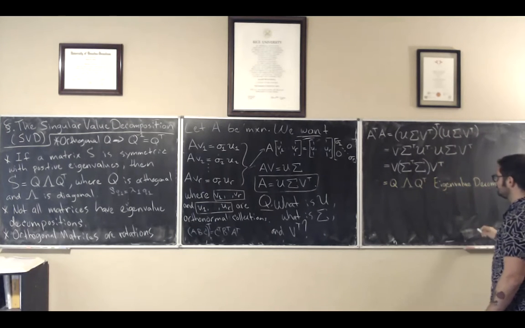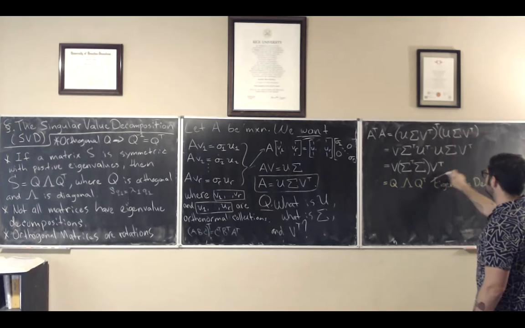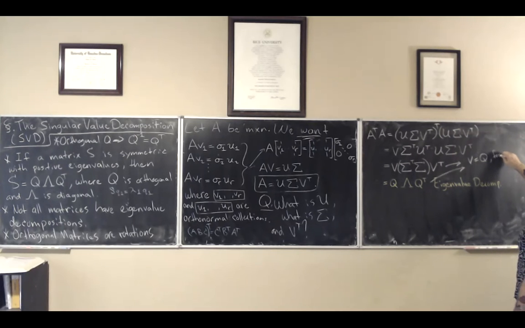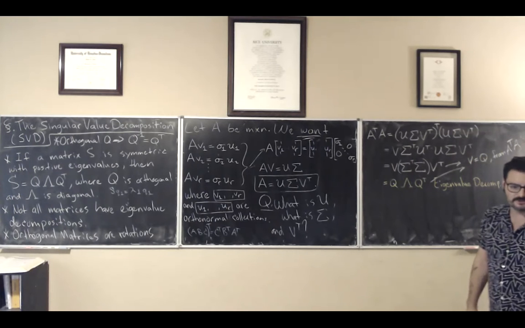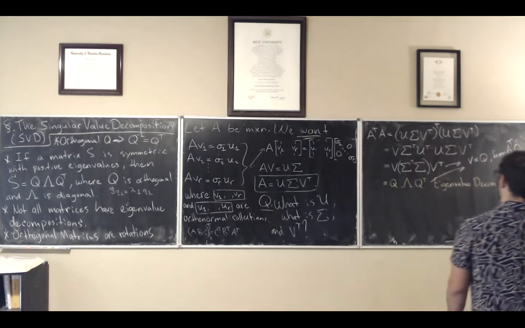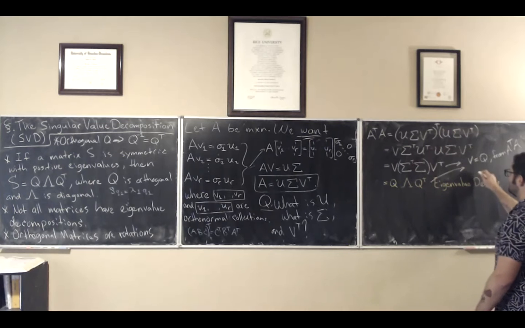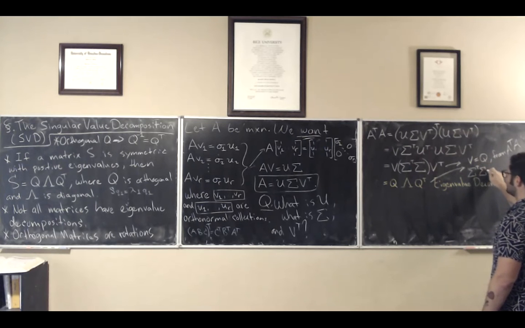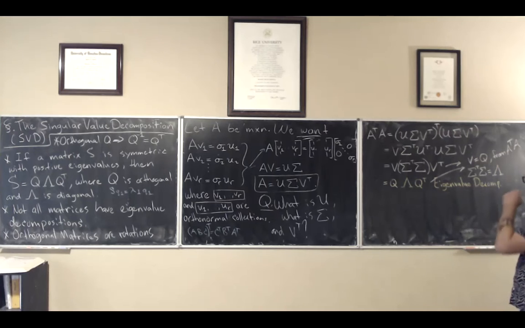These two things together tell us that B is equal to Q from the eigenvalue decomposition of A transpose times A. And also that sigma times sigma is equal to lambda.